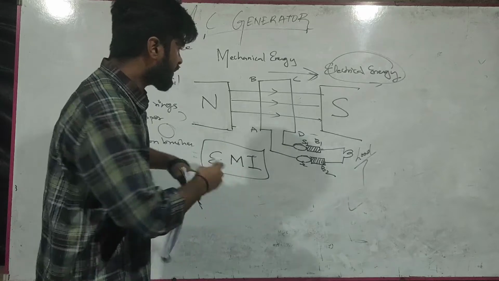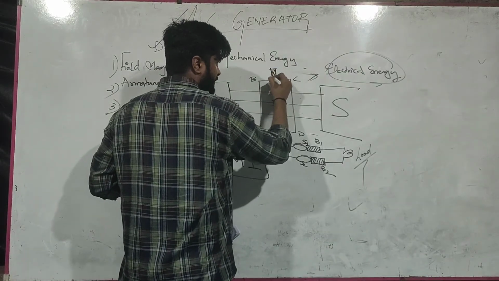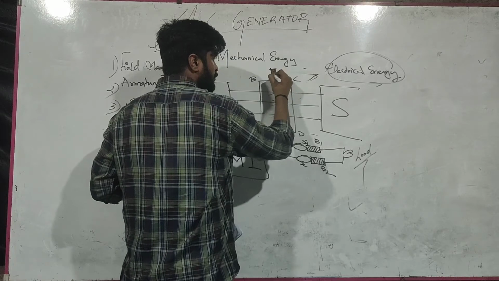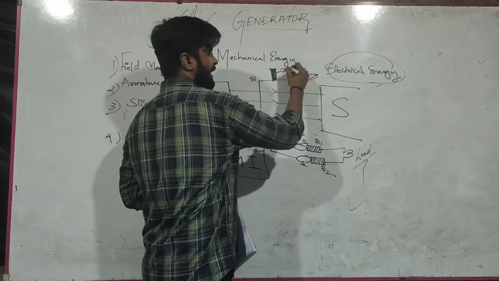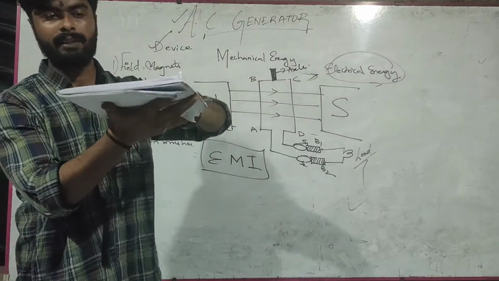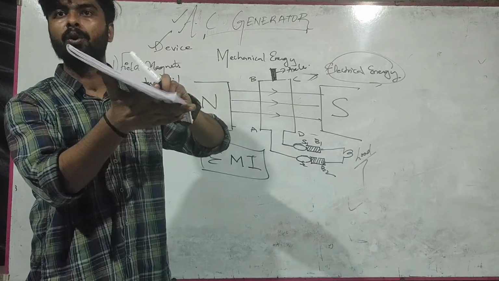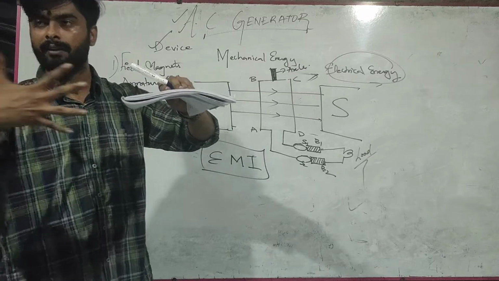But you have an axle, which is used to rotate this armature coil. So this will be called your axle. When you rotate the axle, the armature coil begins to rotate. Initially there were no magnetic field lines entering.